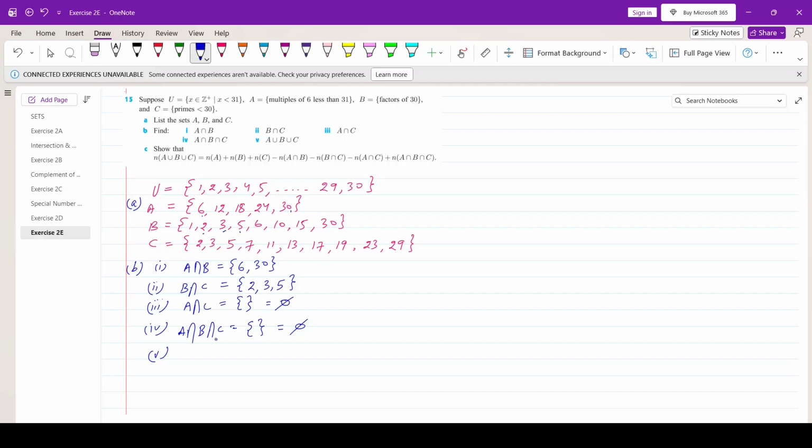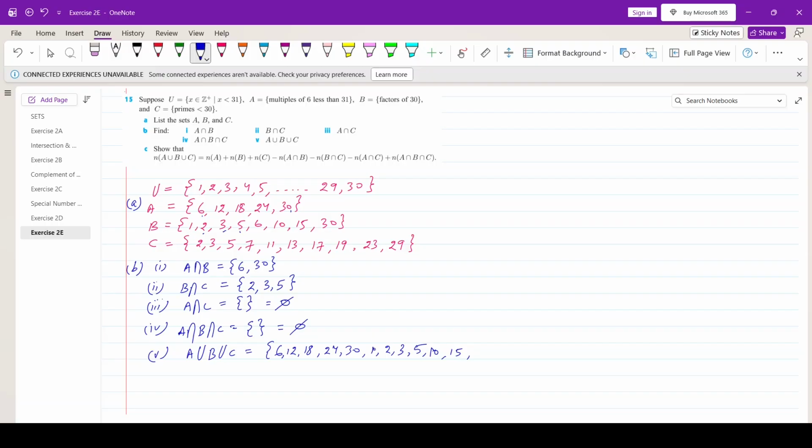Part 5 says A union B union C. This will be 6, 12, 18, 24, 30, 1, 2, 3, 5, 6 we have already taken, 10, 15, and 30 we have already taken.